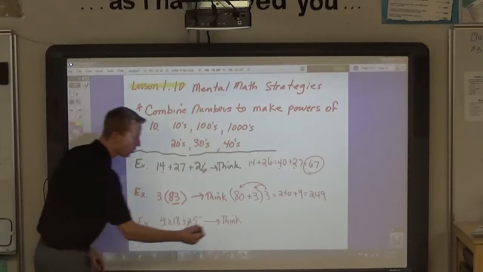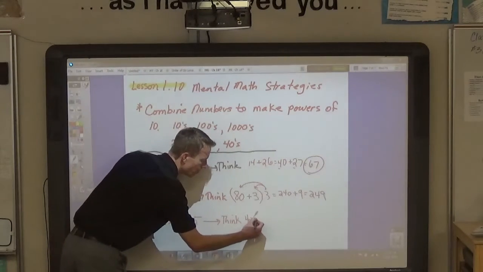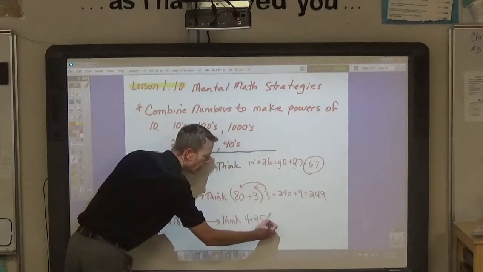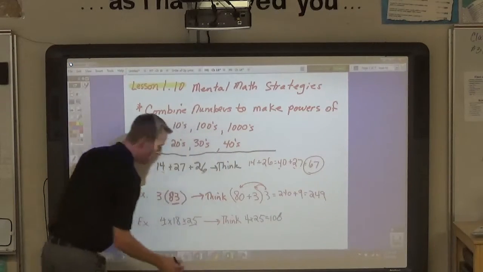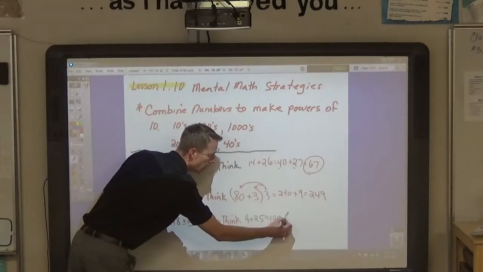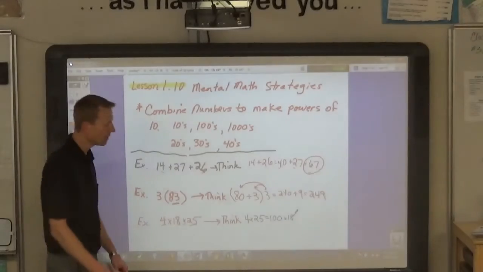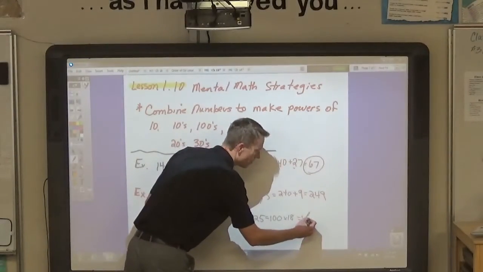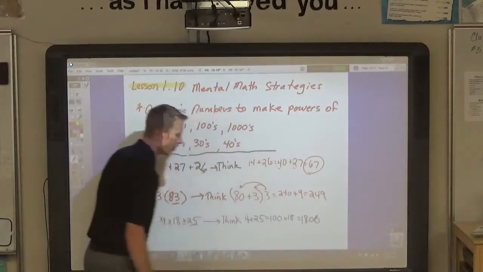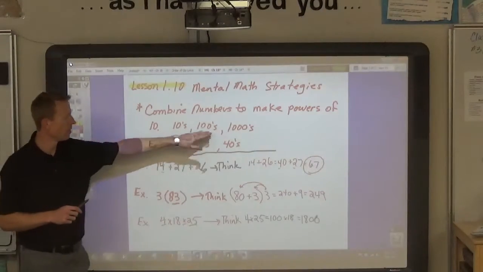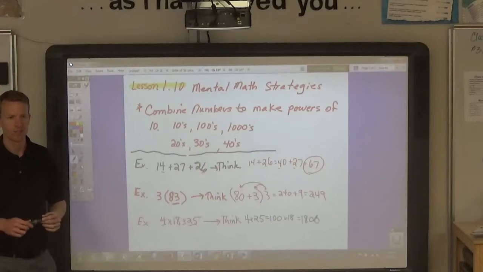So do 4 times 25 first. 4 times 25 is 100. And then do 100 times 18. 1,800. So again, by using the commutative property, you can put those numbers together to make 100.